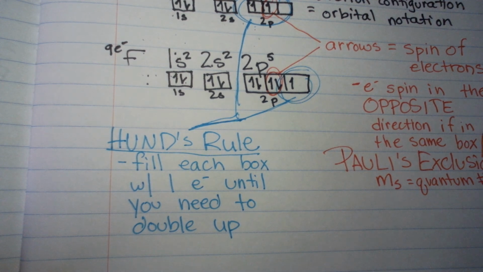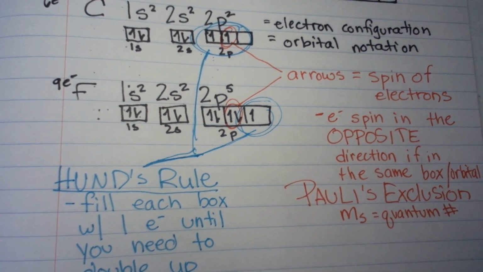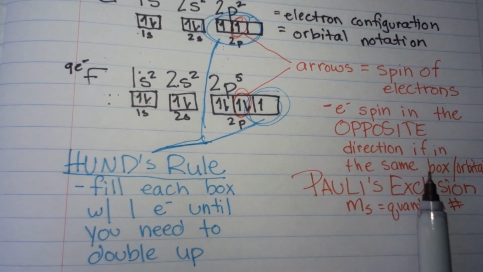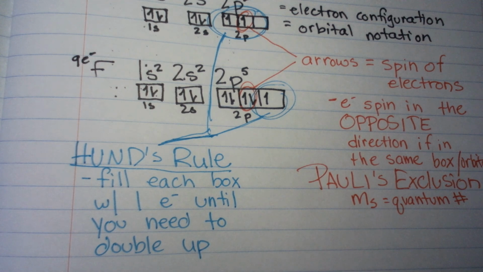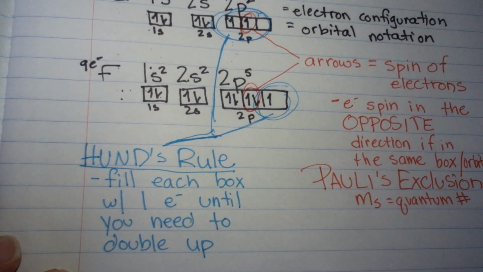All right, let's do another example, and talk about these Hund's Rule and Pauli's exclusion principle before we get into practice, and then there's one more rule we've got to talk about.